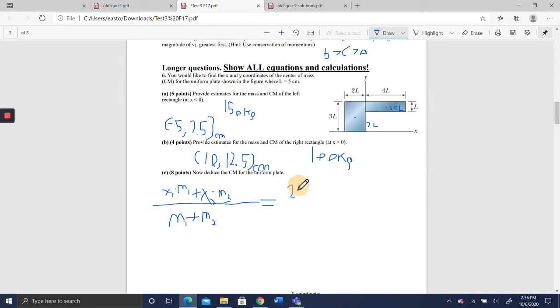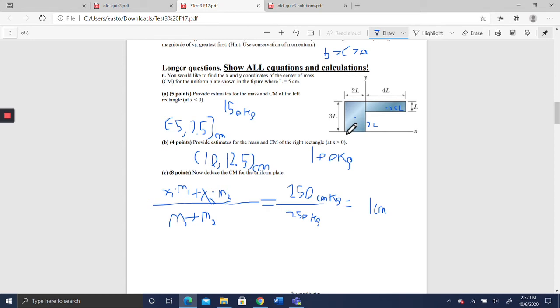That's 250 over, this is centimeters times kilograms, over 250 kilograms, which gives us our final value of 1 centimeter.